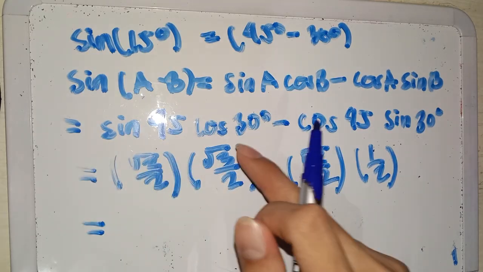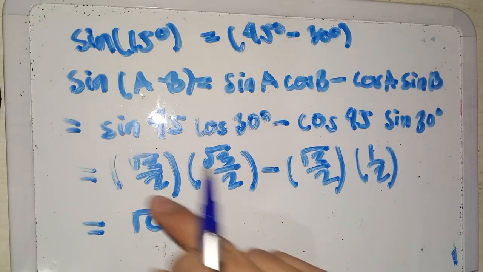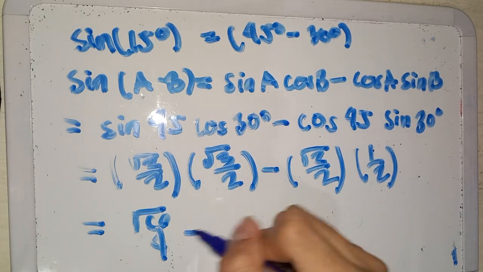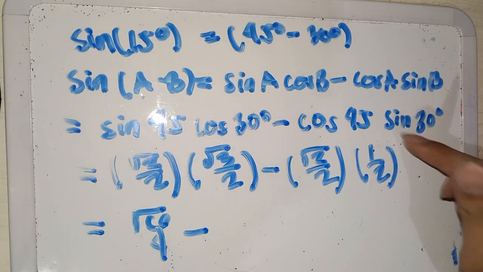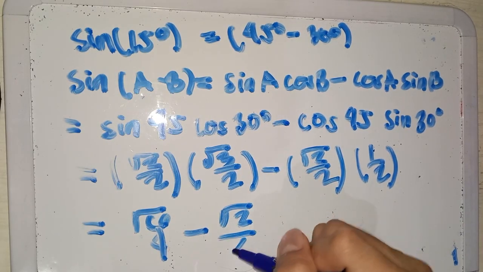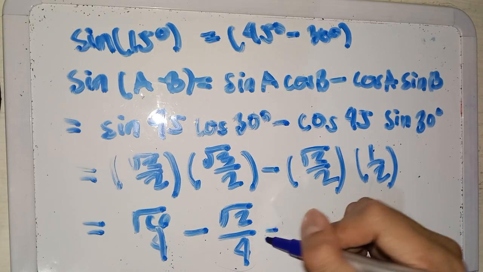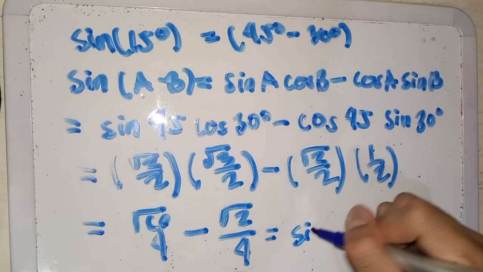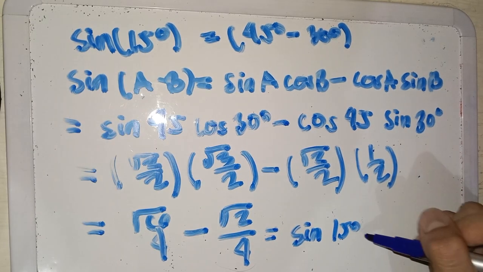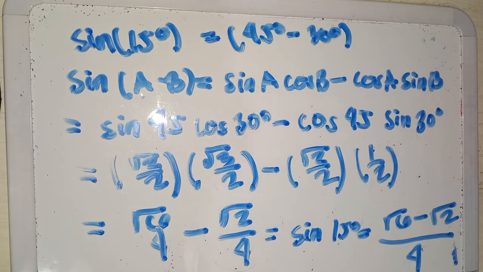Root 2 times root 3 is root 6. 2 times 2 is 4, minus root 2 times 1 is root 2. 2 times 2 is also 4. So, we need to combine them. So, the final answer is sine 15 degrees is equal to root 6 minus root 2 over 4.